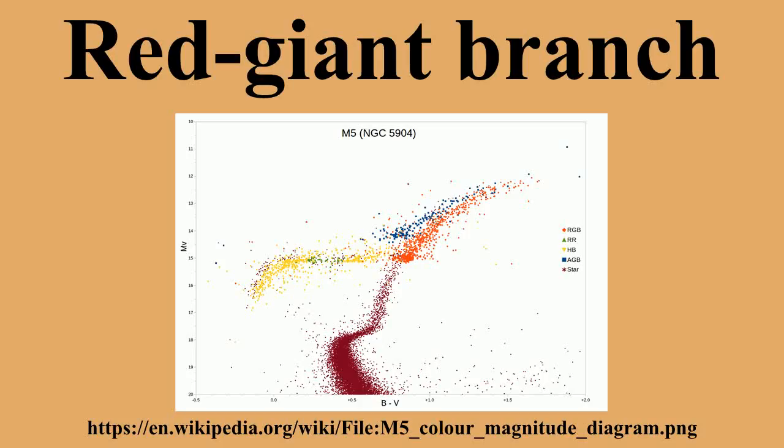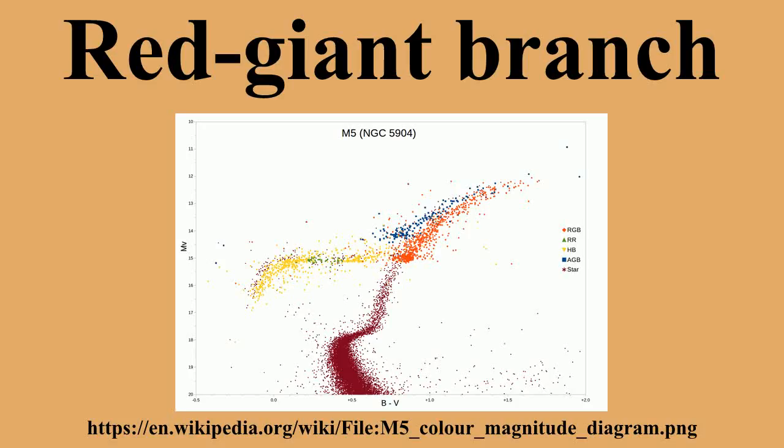Bibliography: Vassiliadis, E., Wood, P.R. Evolution of Low and Intermediate Mass Stars to the End of the Asymptotic Giant Branch with Mass Loss. Astrophysical Journal, 413, 641. Bibcode 1993ApJ...413..641V, DOI 10.1086/173033.